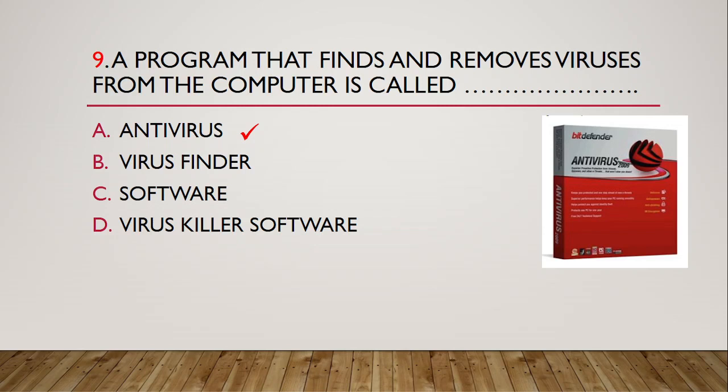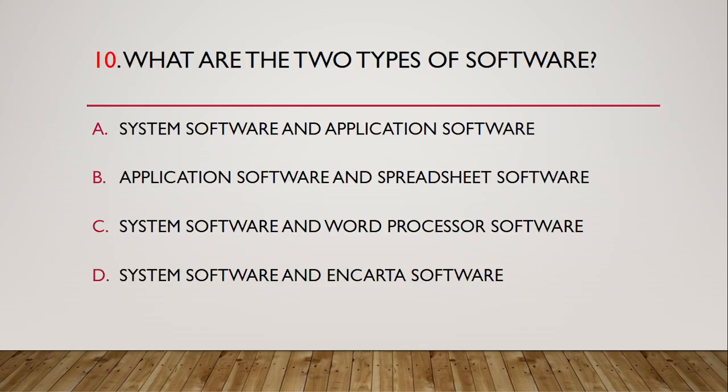All these are antivirus software. So you can purchase or you can download from the internet there, so that your computer is safe from these viruses. Okay, so let's look at number 10.